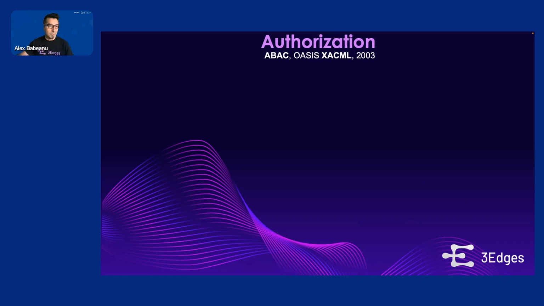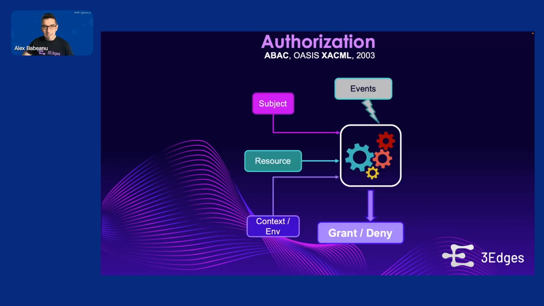And that way is called attribute-based access control. What it is, it's basically using a set of policies made of rules, and these rules use attributes of the subject, of the resource, or environmental conditions such as time of day or location, in order to compute in real time a decision, a grant or denied decision.